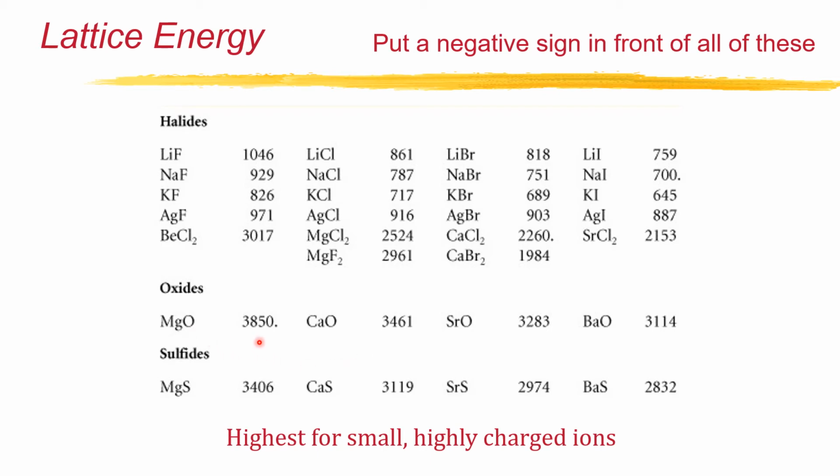But you can see that calcium is a bit larger than magnesium because it's in the next row down, and has a smaller lattice energy because of it. The next one down is strontium, and that's even smaller. So it goes from 3850 to 3461 to 32. So that is the effect of size.